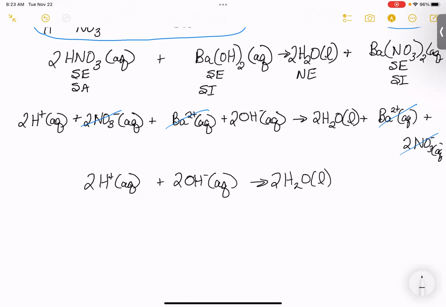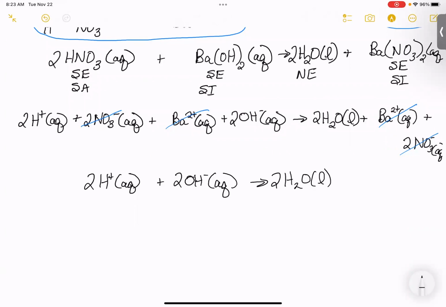So the question I just got is, why is it necessary to be able to do the complete ionic and the net ionic? The reason we learn how to do this is because when you look at a complete ionic, it's as if you were able to magnify your solution so you could see each individual species.